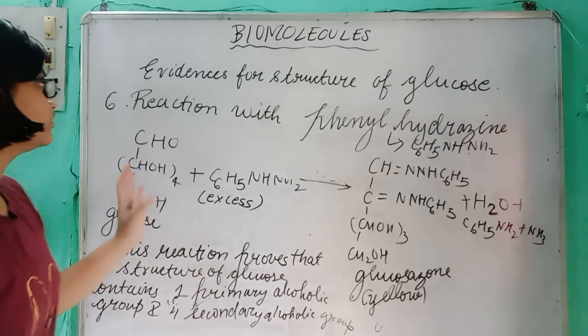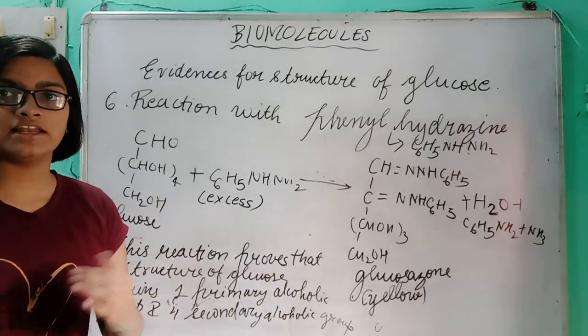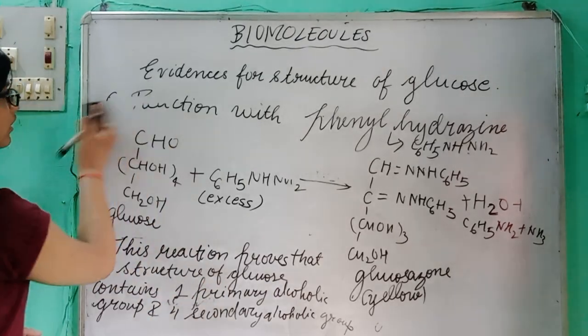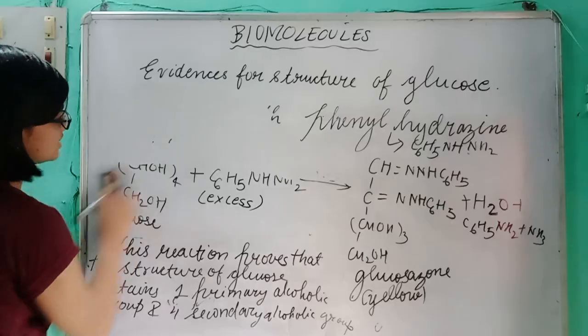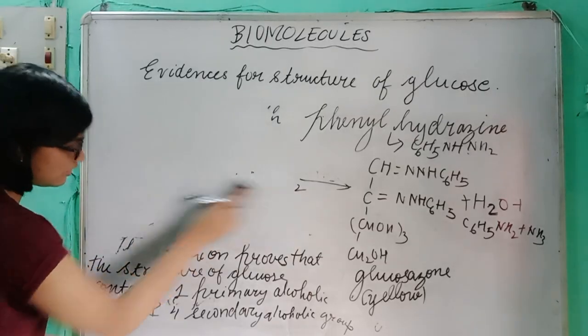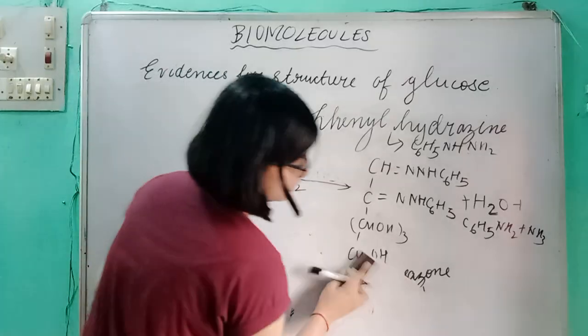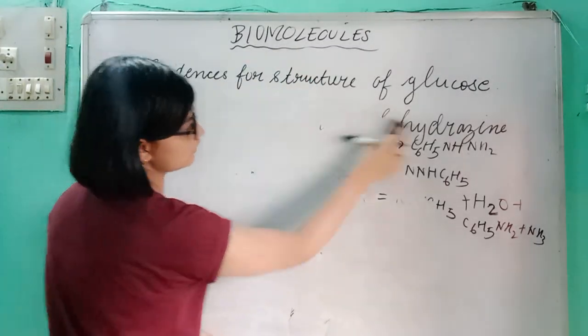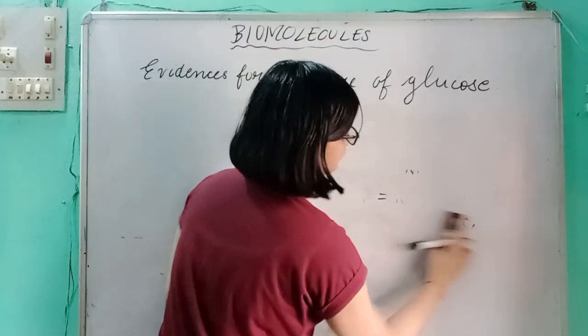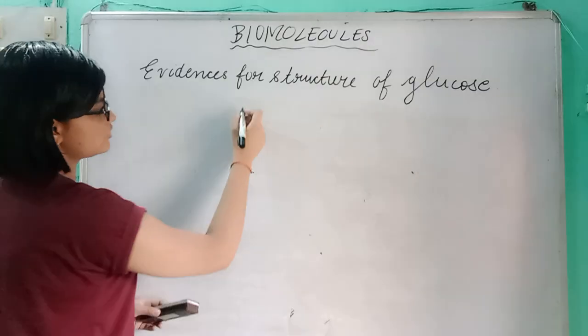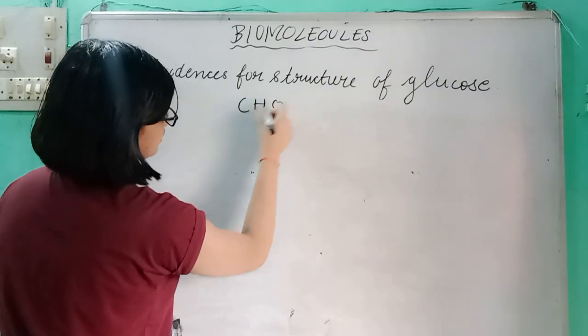So, these are all the evidences of the glucose. Let's recall them once again. So, if we once again draw the structure of glucose, CHO, let's draw it completely.